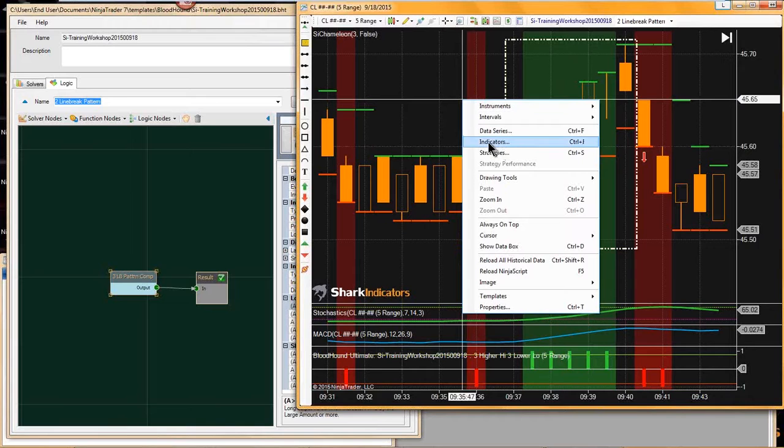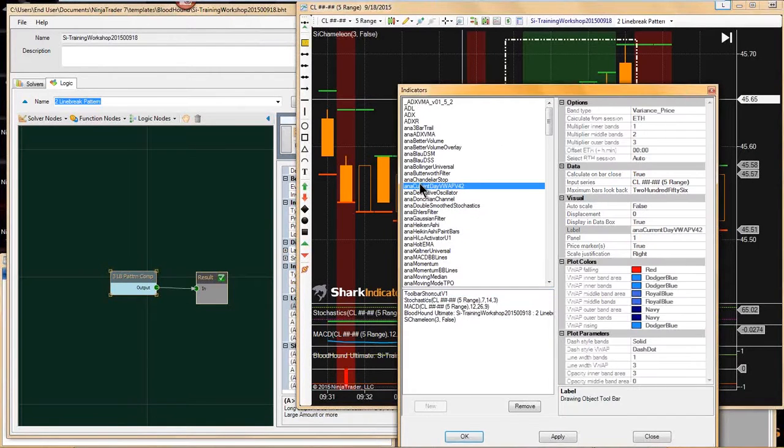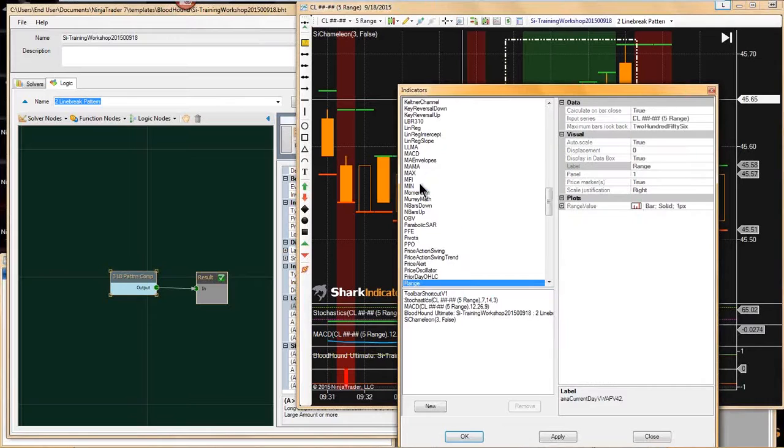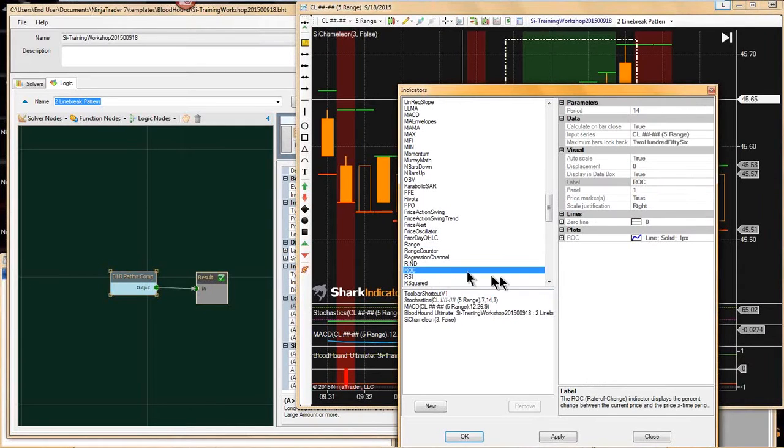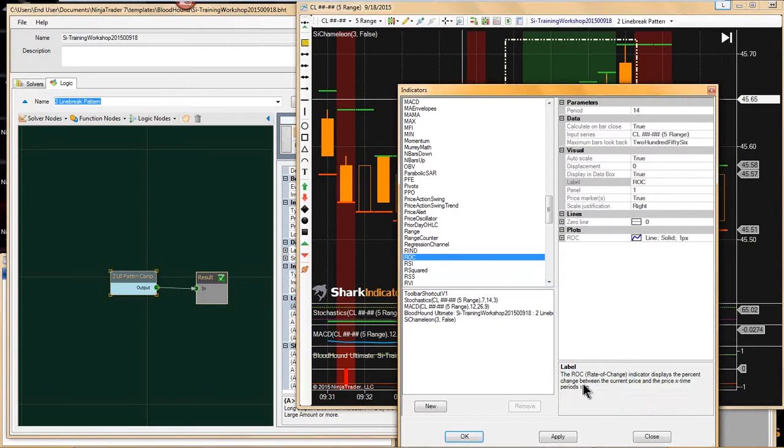Actually, NinjaTrader has a rate of change, but that's a rate of change, not a percentage change. Oh, actually, they're claiming it is a percent change. Let's throw it on here and see what we get.